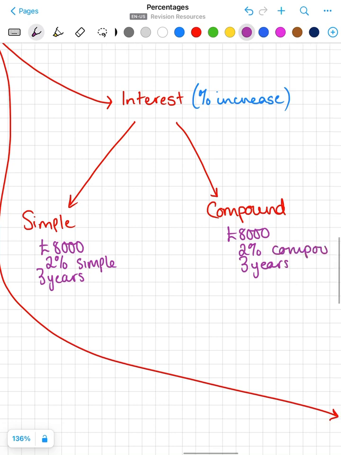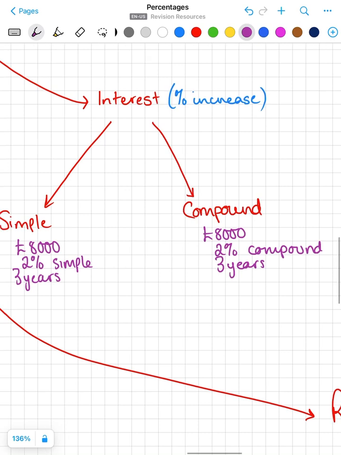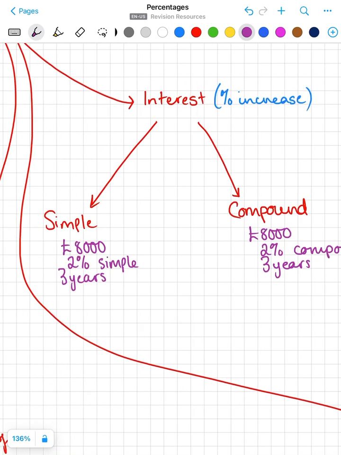How much do we have at the end of the 3 years? Now, simple interest means that you get 2% of the £8,000. Now, if 1% is 80, 2% is 160.